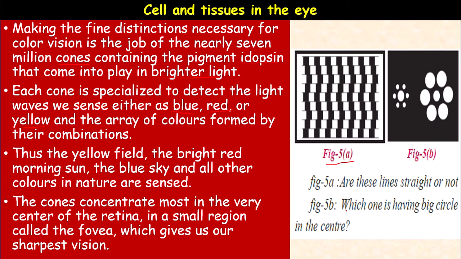Next, which one is having the big circle in the center? Either this or this. So, actually this is called the optic illusion. Okay. So, kindly observe these two figures, children.